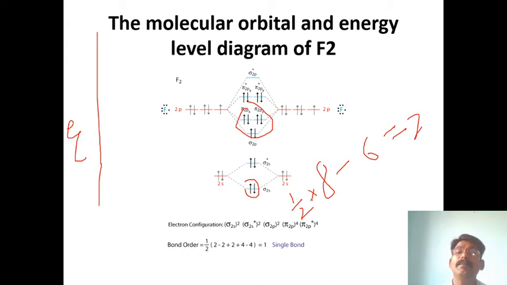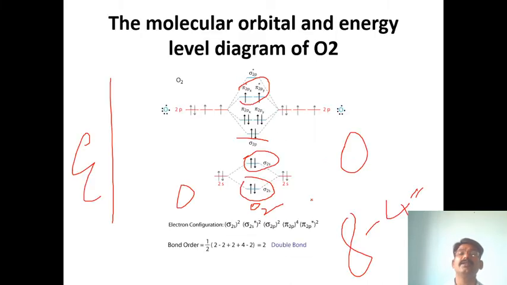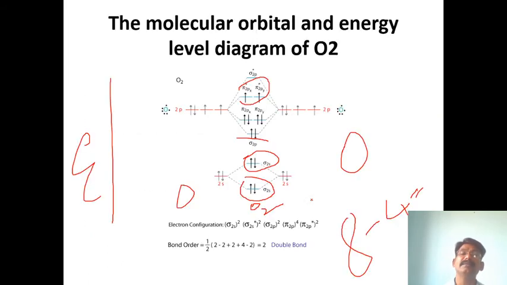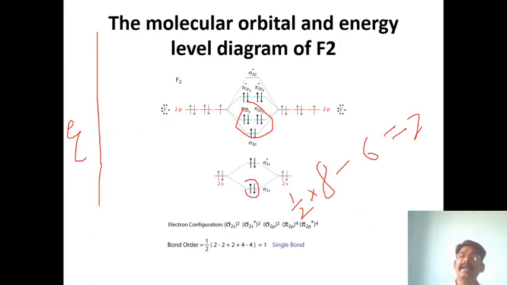So the bond order is 1, and the magnetic property is diamagnetic, because all electrons are paired, like the nitrogen molecule. Here also nitrogen has paired electrons, it is diamagnetic. Similarly, fluorine is also diamagnetic.